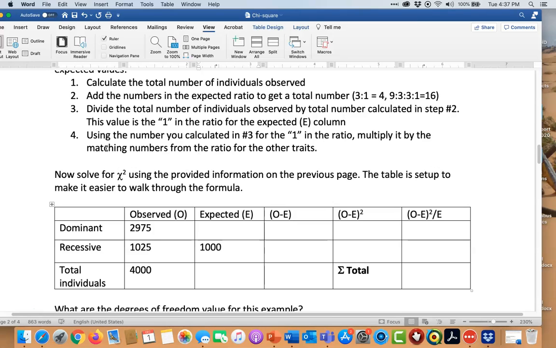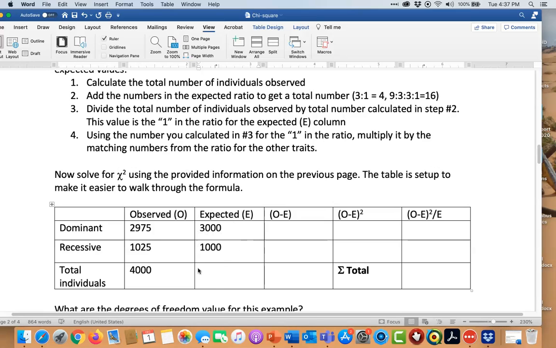Okay. Then using that number, so the one that we calculated for the 1, we multiply it by the matching number from the ratio for the other traits. So the matching number in the ratio for the dominant is 3. And so we're going to take 1,000 times 3, and that gives us 3,000.